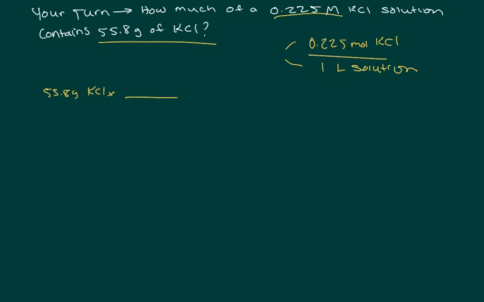So the first thing that I want to do is convert my grams to moles. And this is KCl. For every 1 mole of KCl, I have 74.55 grams. And now I'm ready, because I have moles of KCl, I can now go from moles to liters. So I have moles of KCl here, and I'm going to put liters of solution up there.